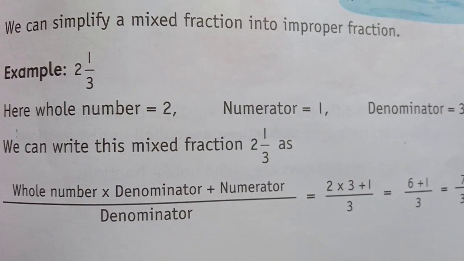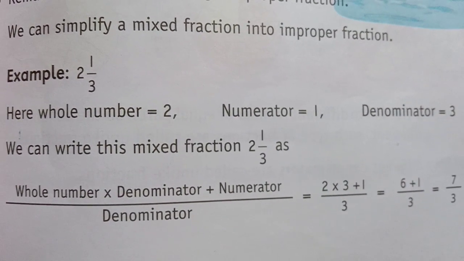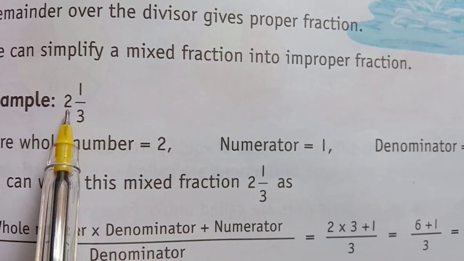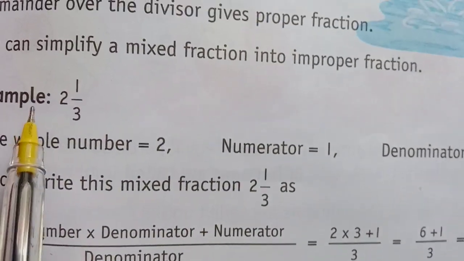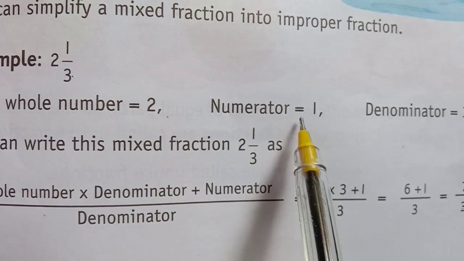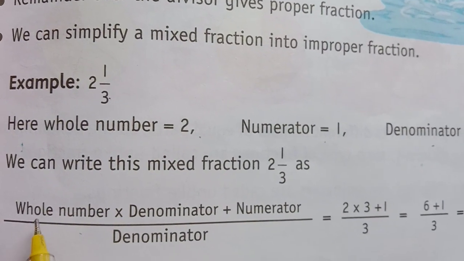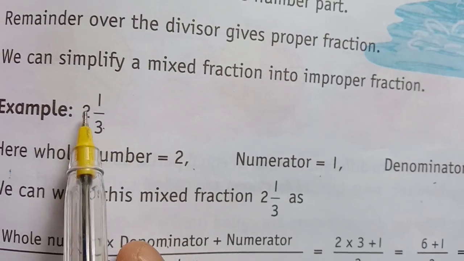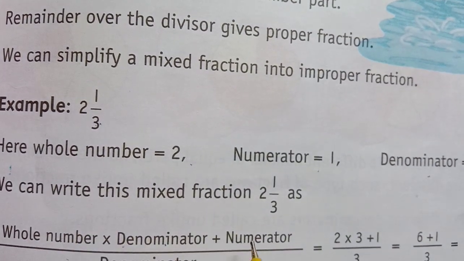Now children, we have learnt to convert improper fraction into mixed. Now we will see how to convert from mixed to improper. Now 2 1 by 3 is given. So 2 is a whole number, 1 is numerator, 3 is denominator. Now children, first is whole number into denominator. So these two numbers should be multiplied and the numerator should be added.